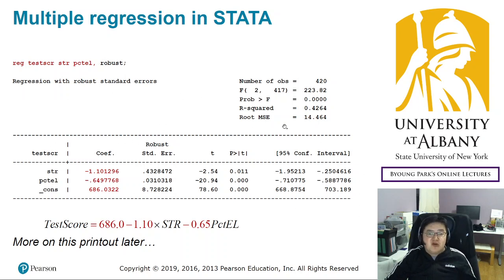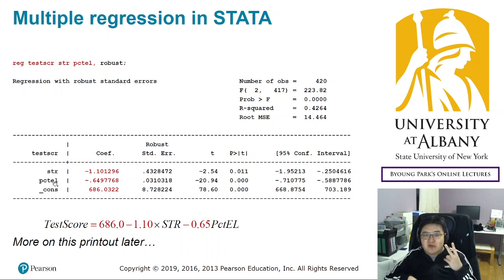Interpretation is the same. You know what these are, except for these two. You know what the number of observations is, and R squared, root mean squared error. We learned what they mean. The same definition holds here, and you can interpret them in the same way. So sample size is 420, and R squared is now 42%. 42% means that 42% of the variation in the test scores is explained by those two variables together.